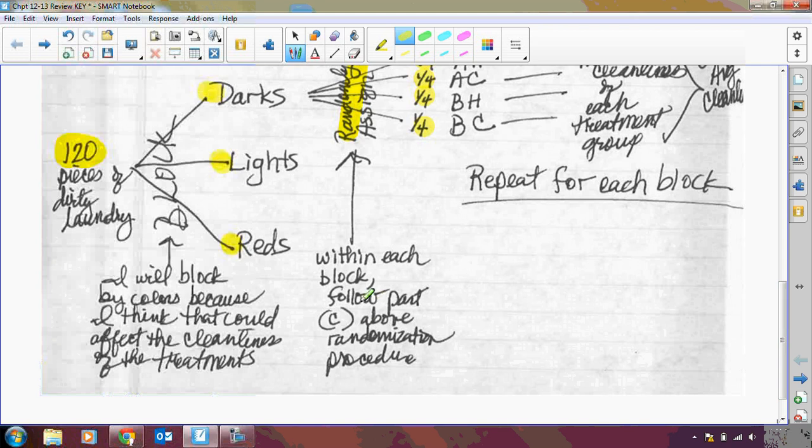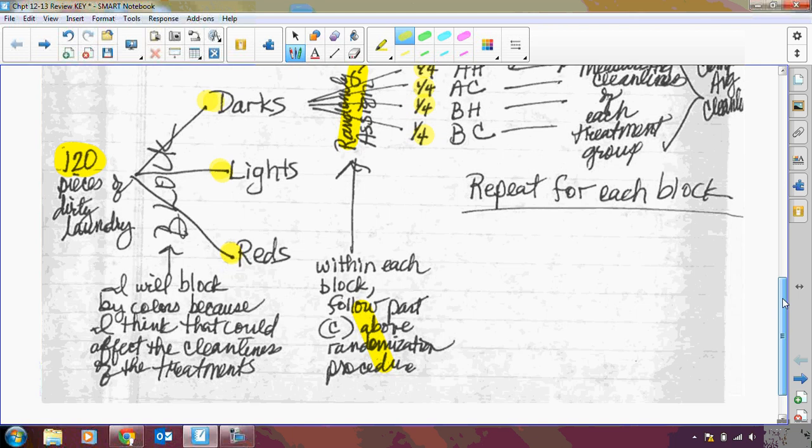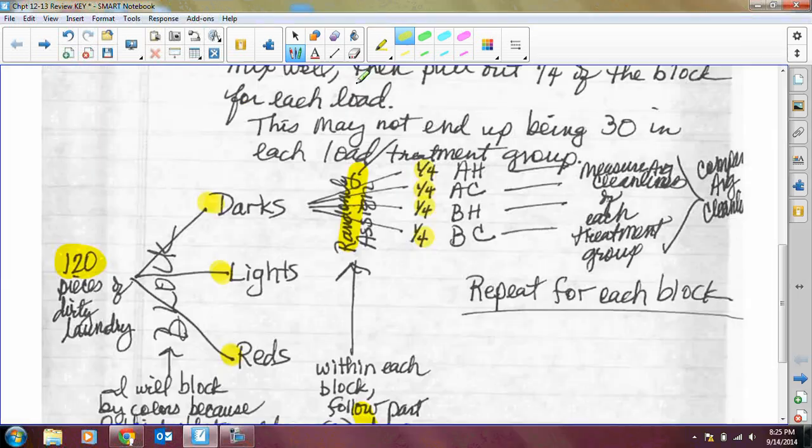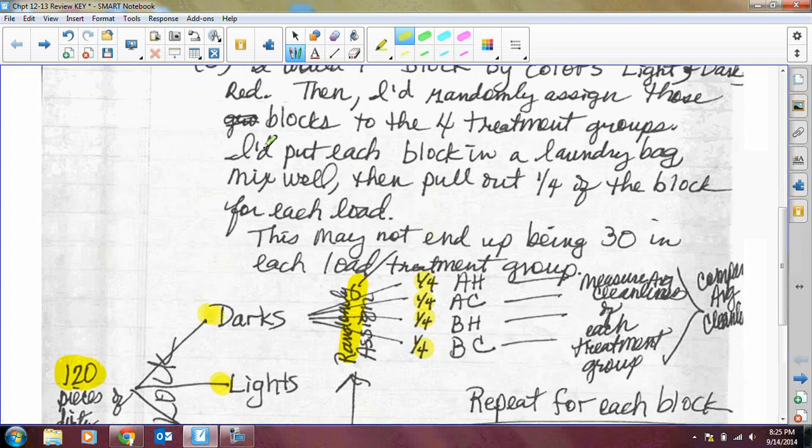This, then, I guess, needs to say something like the big bag situation, where I'm going to put all of these darks into a big bag, and then I will, oh, yeah, here I did. I see it. Here we go. I'd put each block into a laundry bag, mix well, and then pull out a fourth for each block for each load. Okay, and there's the mix well so that you have the randomness. Okay, good. So that's in there.